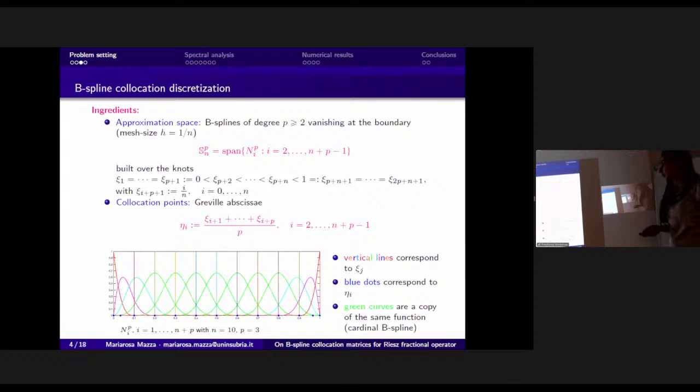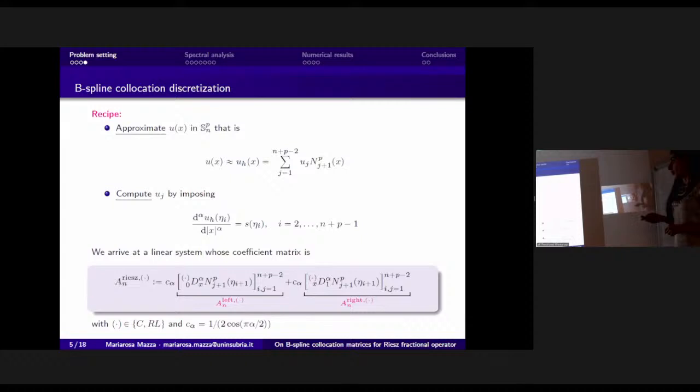And the other thing that we should observe here, speaking of the B-spline space, is that these internal splines, these green ones, are all a copy, say, of the same function, the so-called cardinal B-spline. Of course, here I'm also plotting these red ones at the beginning and at the end, which are not in our space. They don't even satisfy the boundary conditions.